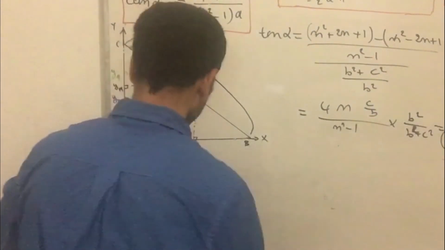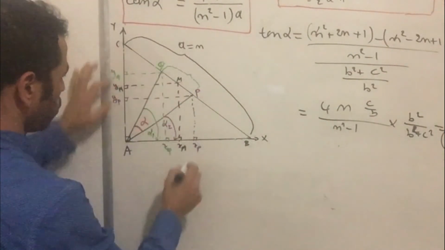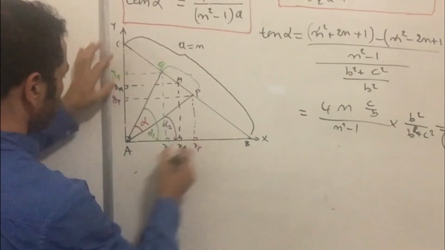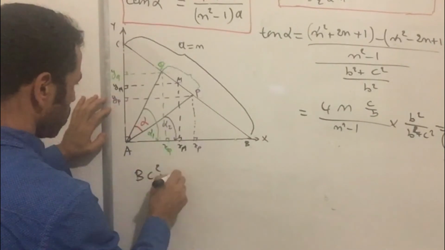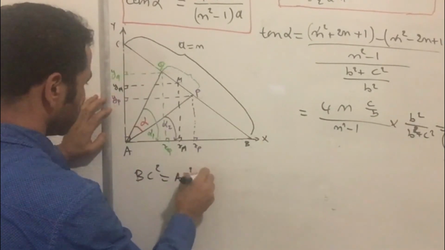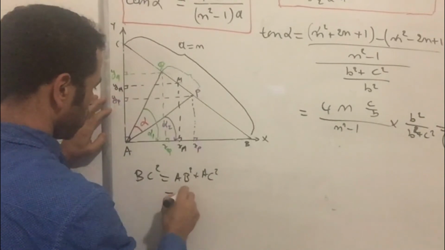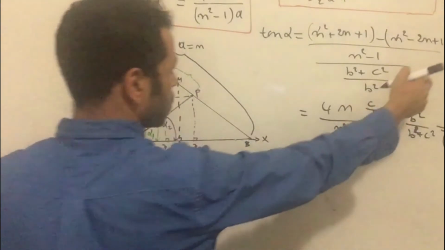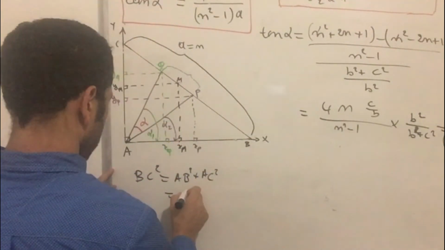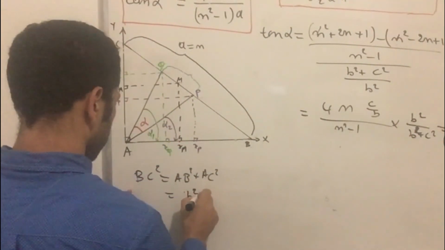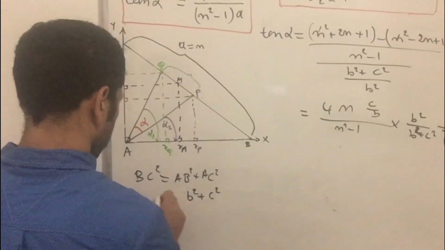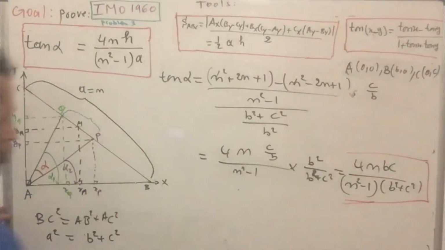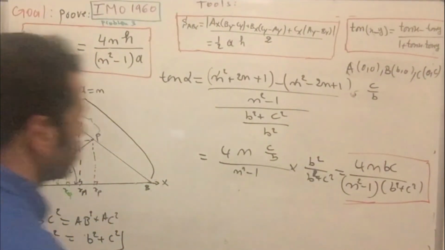So as you see here, ABC is a right triangle, so that means BC square equals AB square plus AC square, which is small b square plus c square. BC square we already have, which is a square. Okay, now this is the first equation.